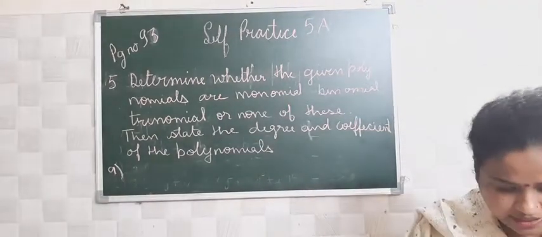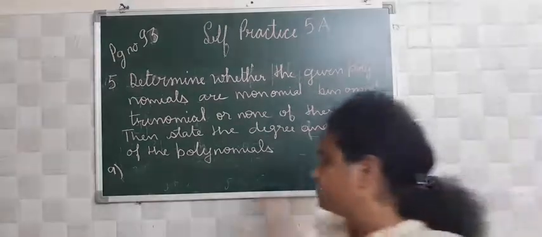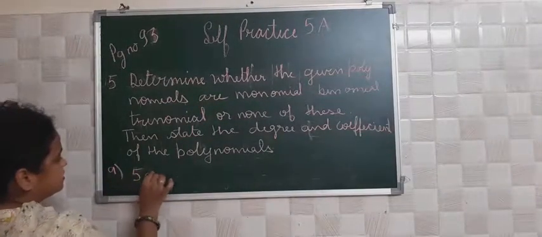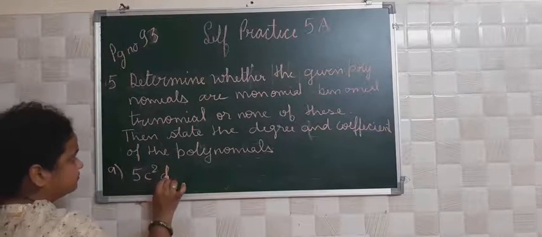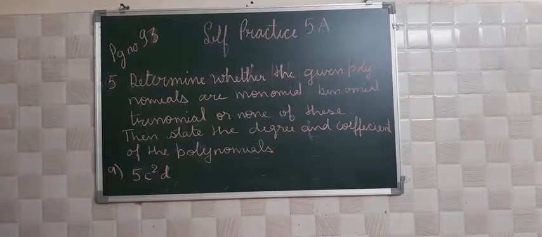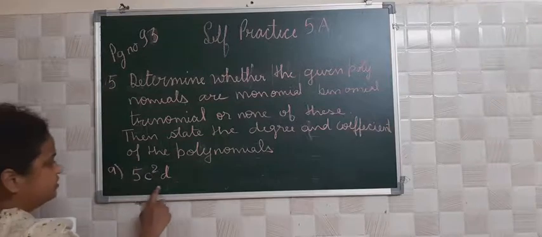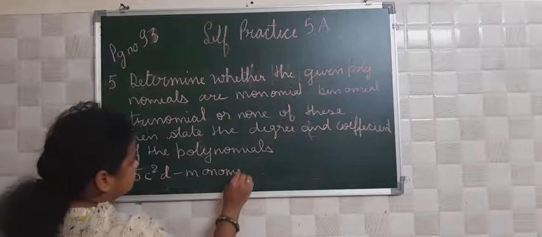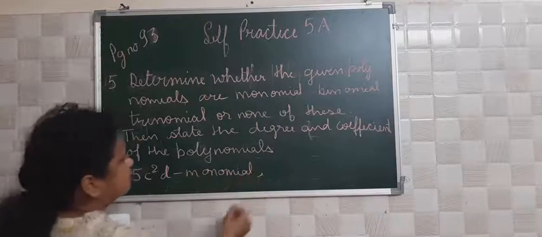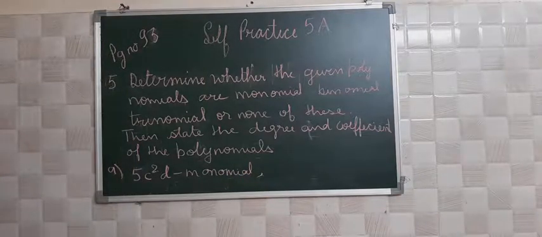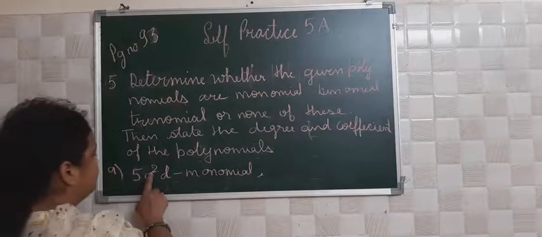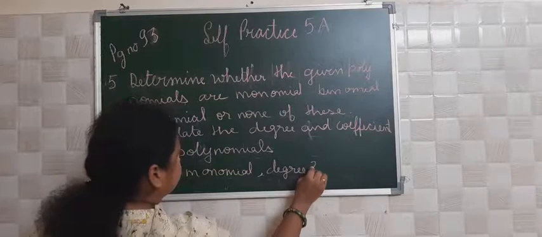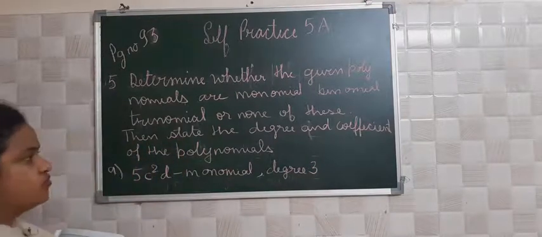Now see the first one, 5c square d. So what is it? It has one term, so it will be monomial. Second, it is asked about the degree. So what is the degree? 2 plus 1, 3. So here the degree will be 3. And what is its coefficient?